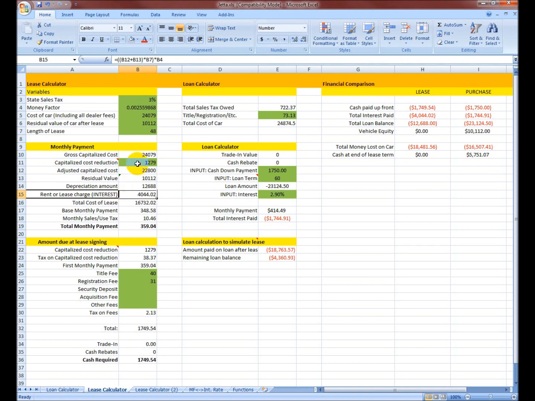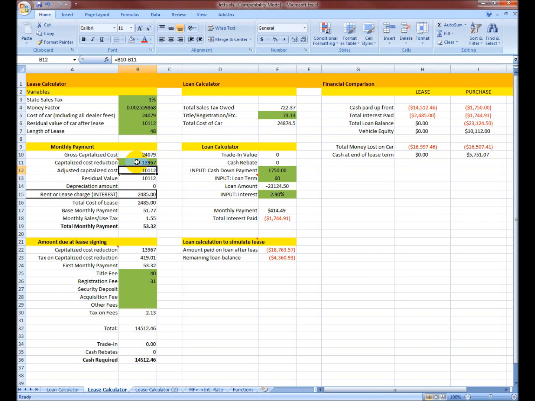So let's just say, as an example, we were to pay off this entire $12,688 right up front. It's not very likely anyone would do that, but let's just see what happens. And it's actually going to be $13,950. I'm just trying to get it as close as possible.